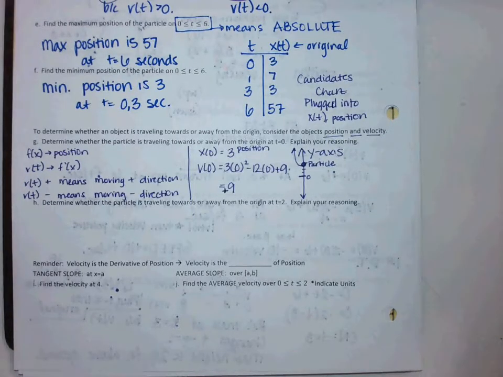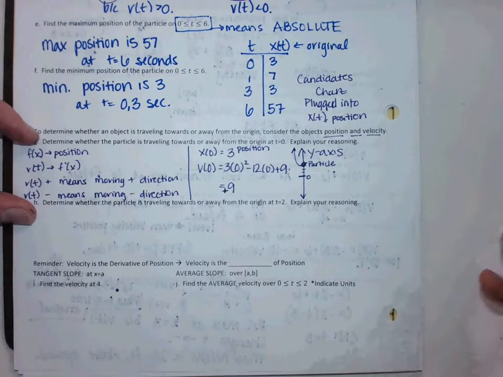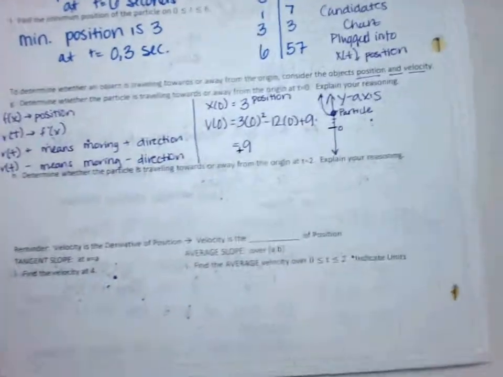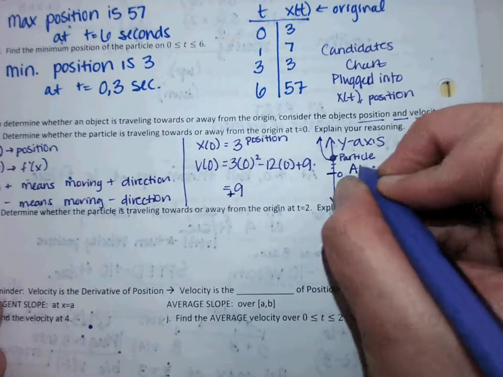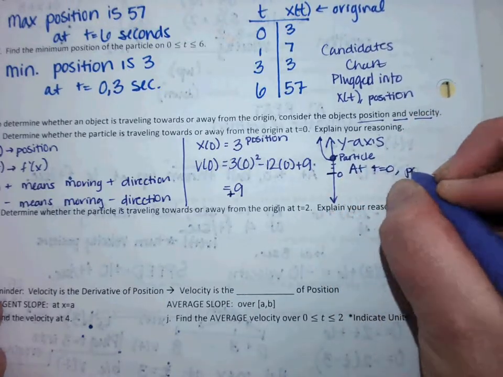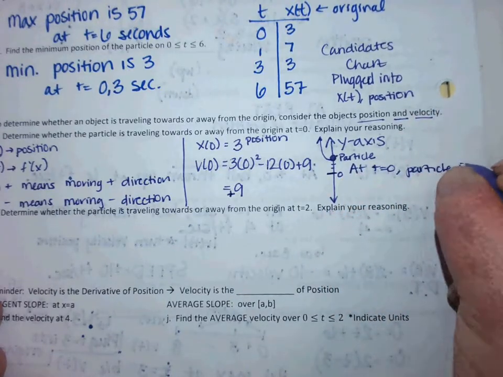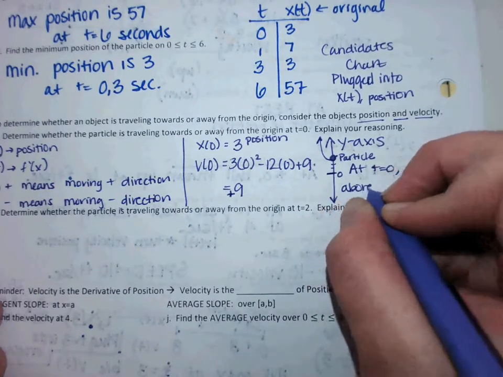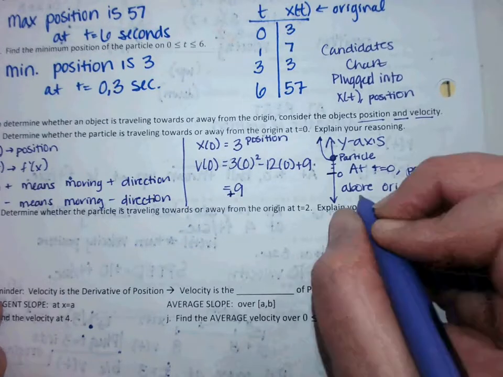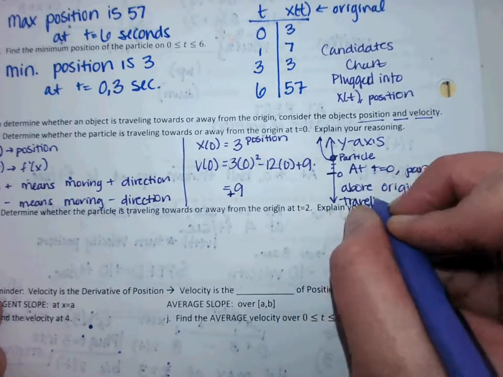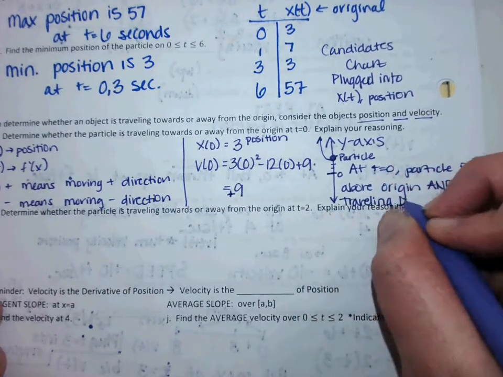So we're going to write that out. I kind of took up a bunch of space over here, so I'm going to have to write little. Okay, but you would put, I am at t equals 0. Particle is above the origin. And traveling up.